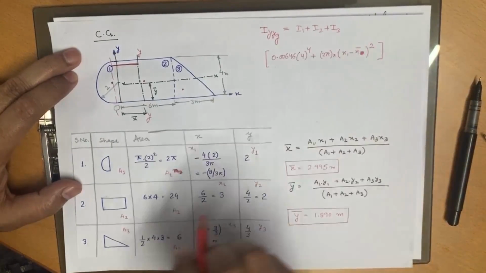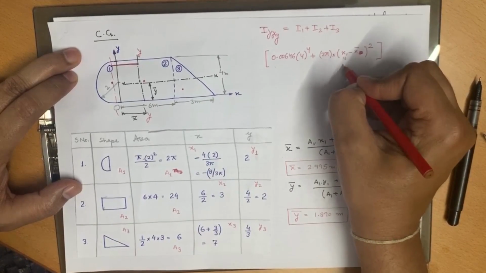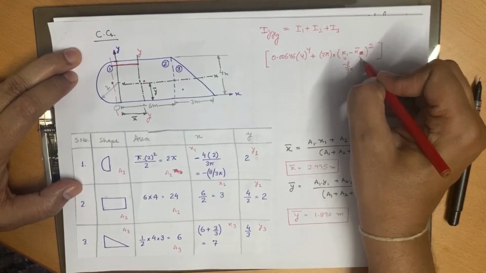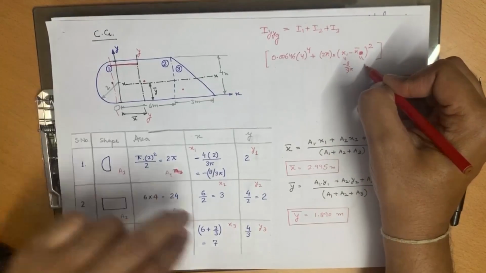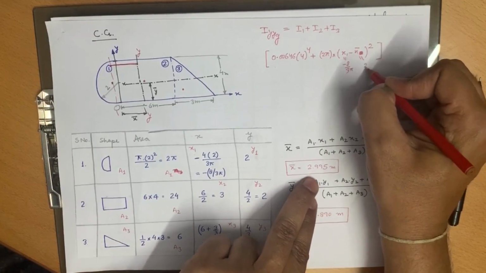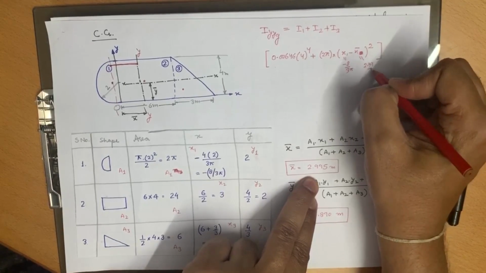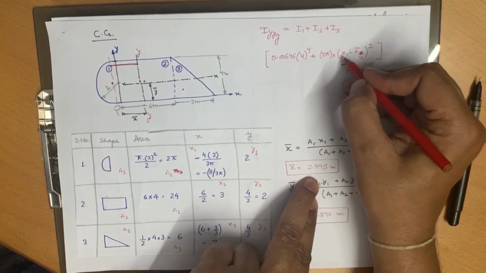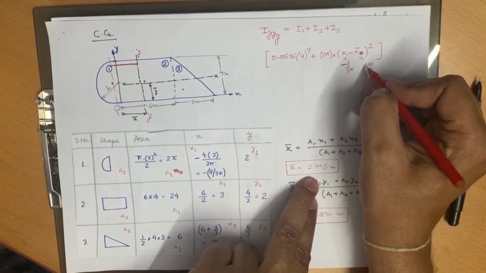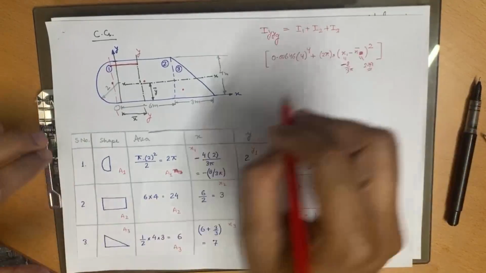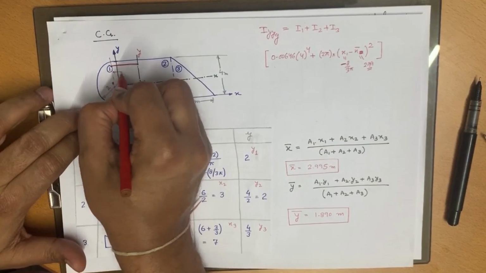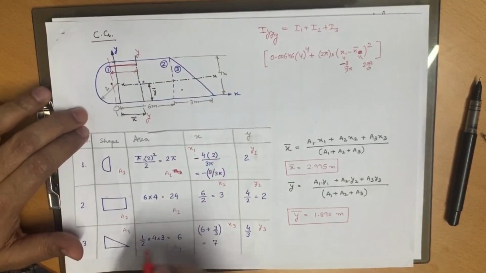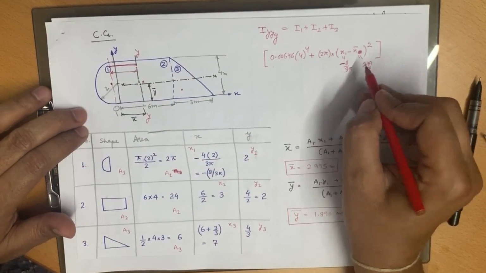Now x1 is equal to minus 8 upon 3 pi and x bar is 2.99. This is minus sign, and it is also minus sign, so this will add. We can see in this diagram also that the distance will add. So no issue.